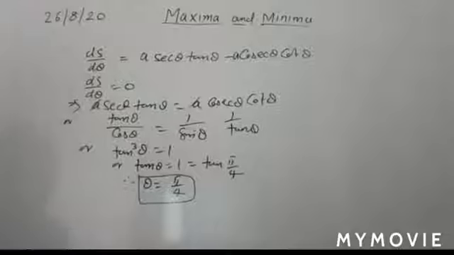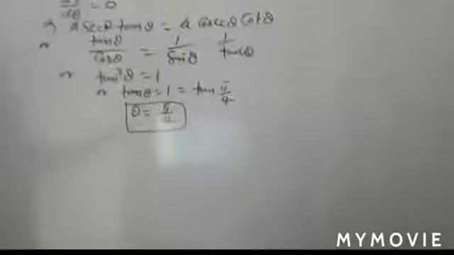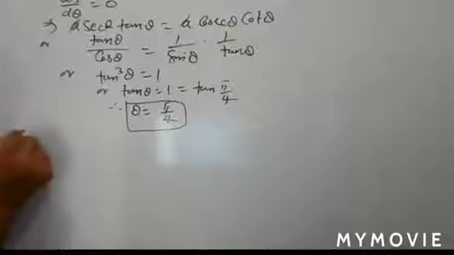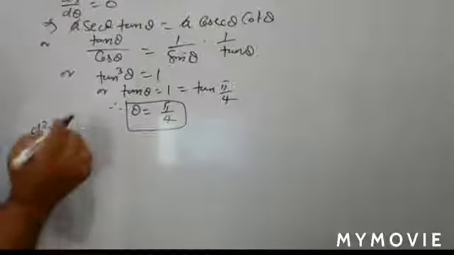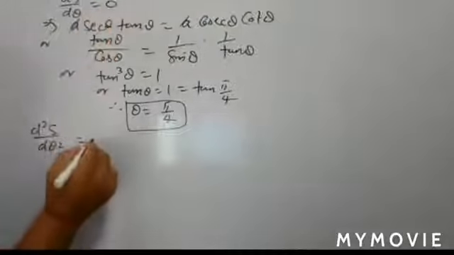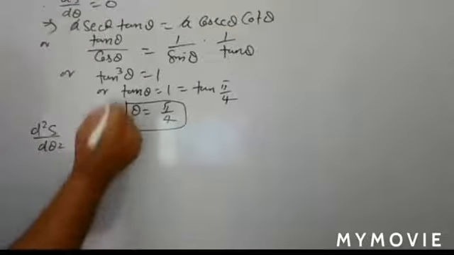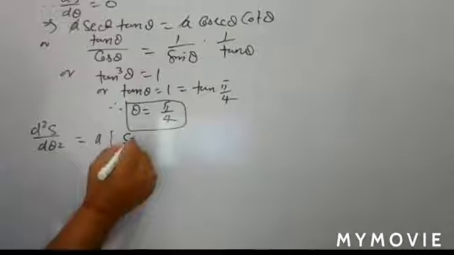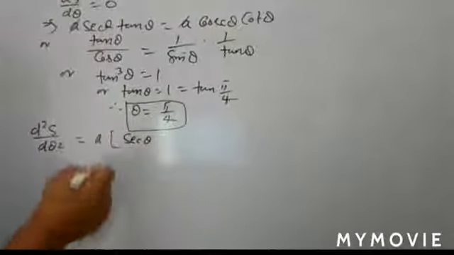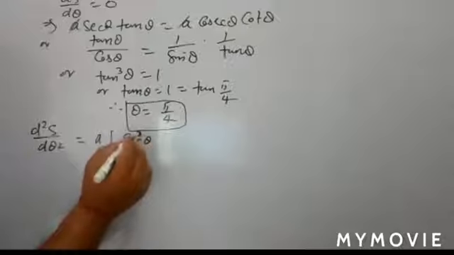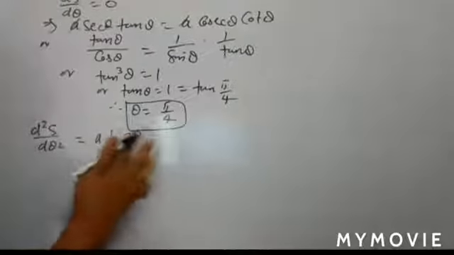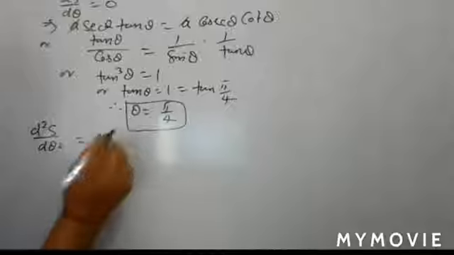Okay, now take its second derivative, d2s by d theta 2. Yes, differentiate it again. So a into, here you apply the product rule. First function sec theta, differentiation of second, so you have sec square theta, which you can write as sec cube theta.